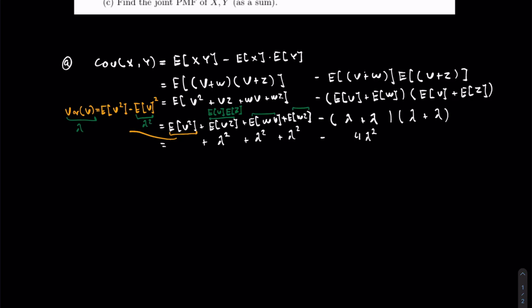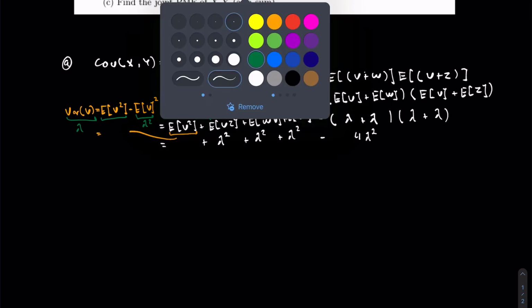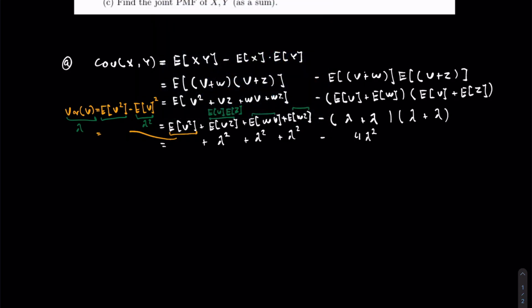So the expectation of v squared has to be lambda plus lambda squared. And so we write that in here, lambda plus lambda squared, like so.